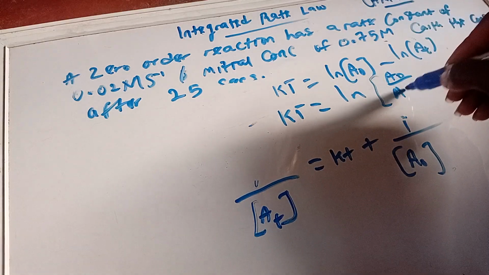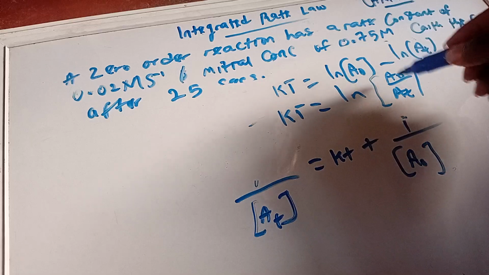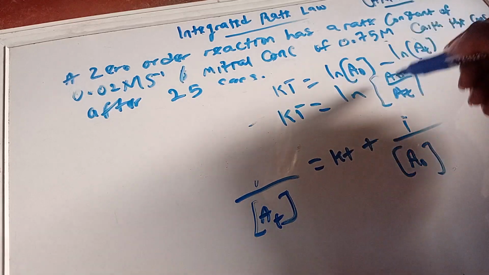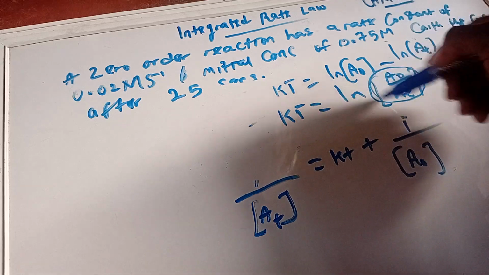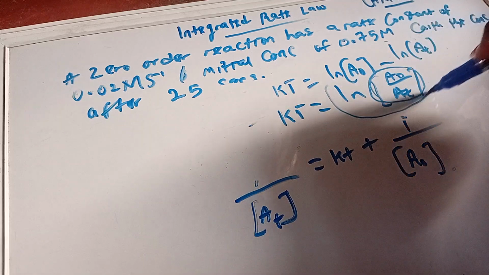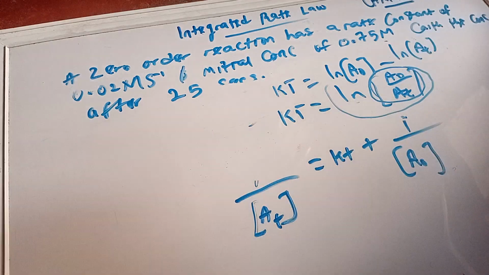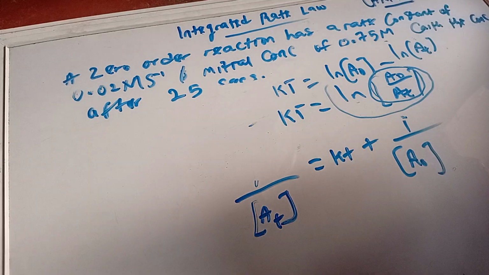This one gives us A0 over At. Now, whatever you have here, because it's inside the logarithmic function, ln of whatever it is, whether it has unit or not, the whole answer will not have unit because you have attached it to a logarithmic function. Just like when you are saying sine, since it's inside an angle, everything will take the identity of degree.